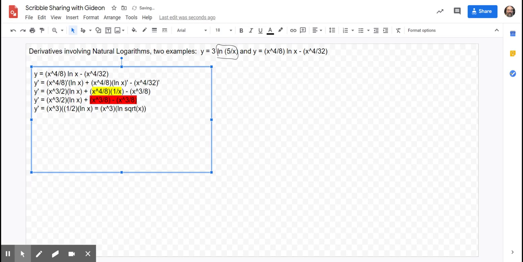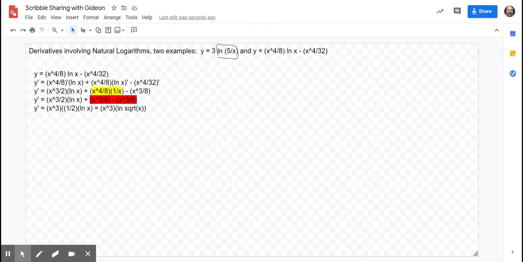Not common, but it cleans out the fraction. Sometimes it's almost a matter of opinion what's simplifying and what's not.